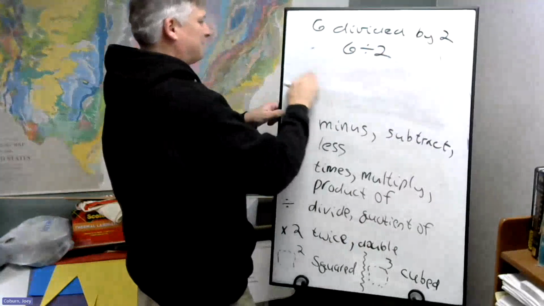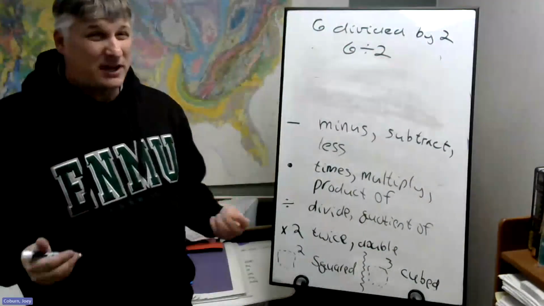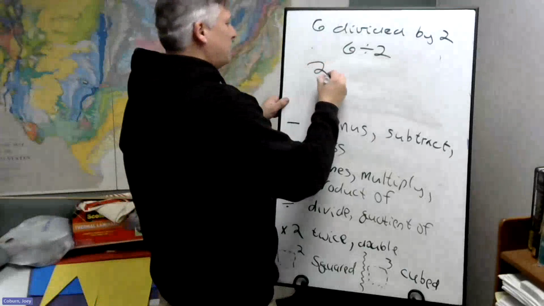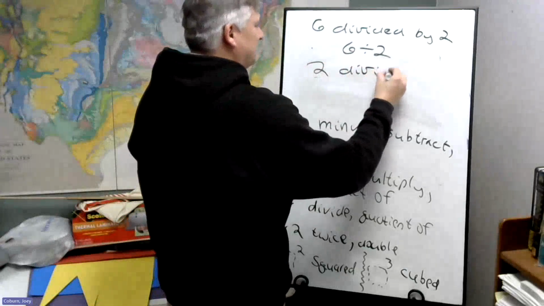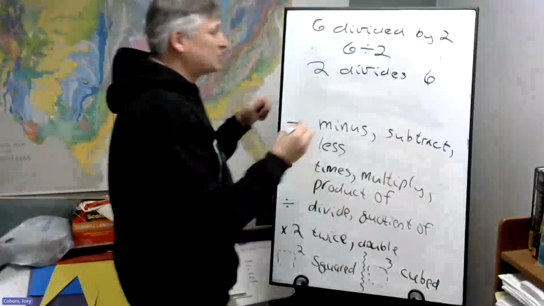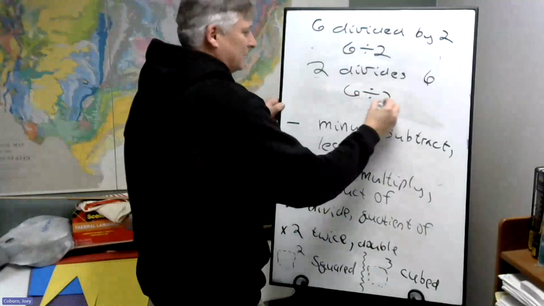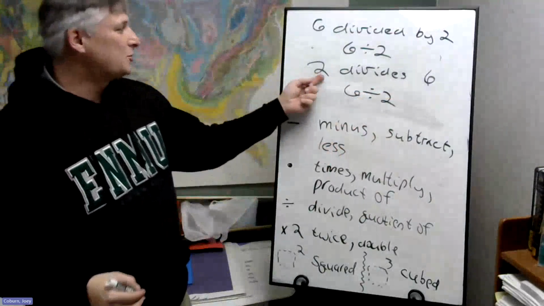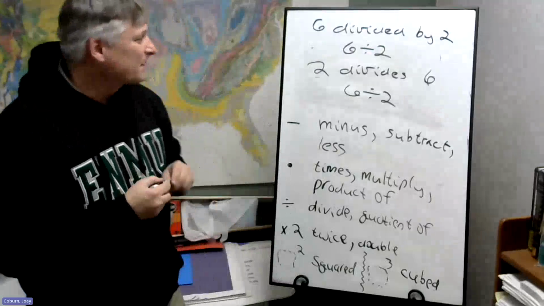It's going to be this. But we could say this differently. We could say 2 divides 6, and it still means this. We're simply saying that 2 is going to split 6 up.